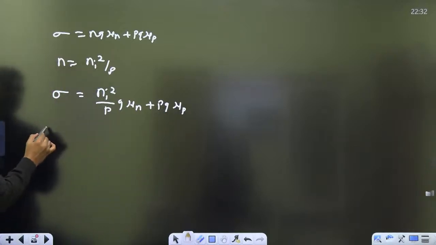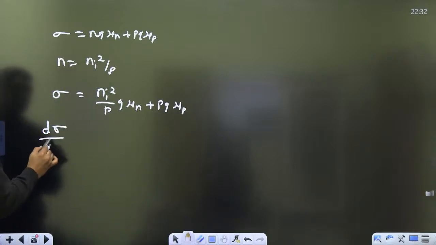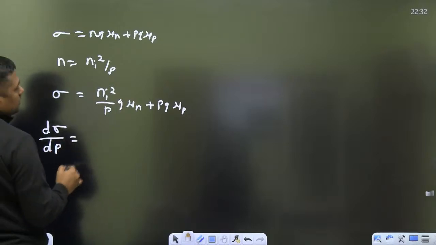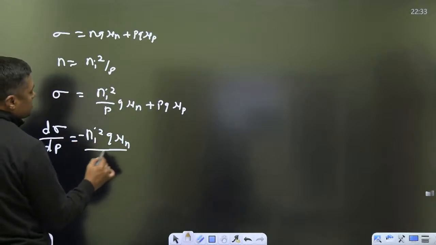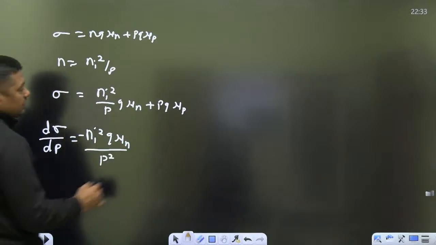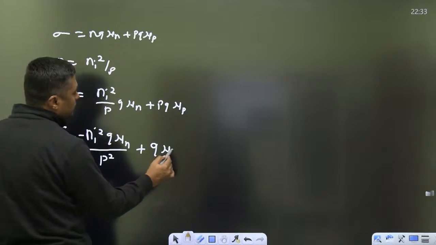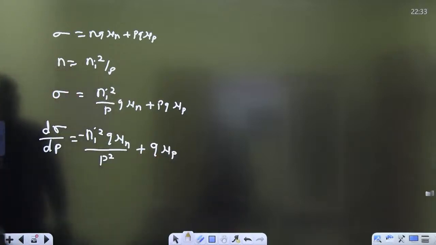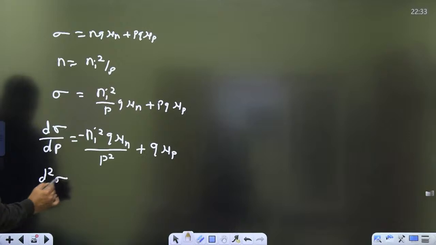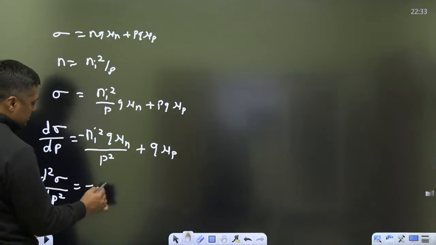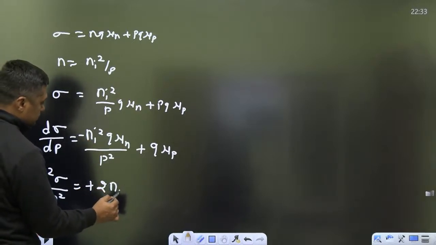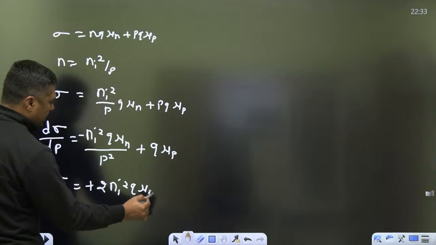To differentiate with respect to p, d sigma by dp will become ni square q mu n constant, and minus by p square, that is the differentiation, plus it will become q mu p. Okay, then differentiate it again, and it will become minus minus plus. Yes, am I correct?